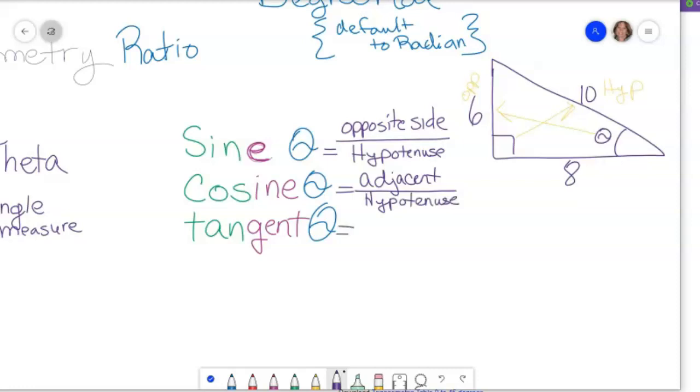And the tangent is the ratio of the opposite side to the adjacent side. And again, that's where we're getting our little set of values.